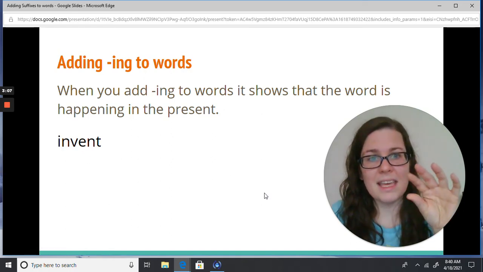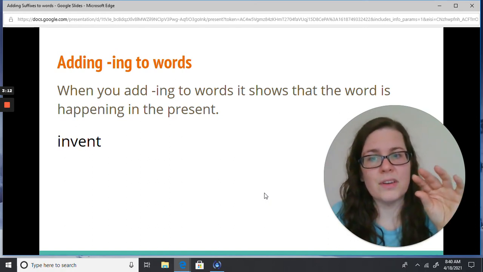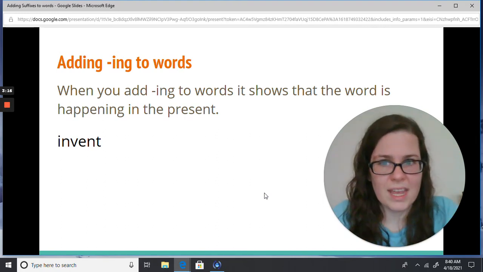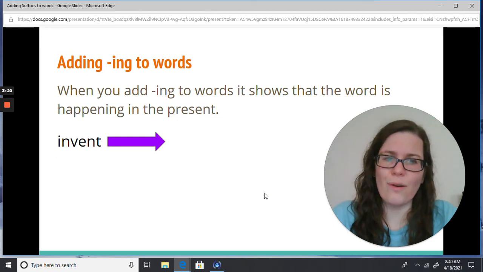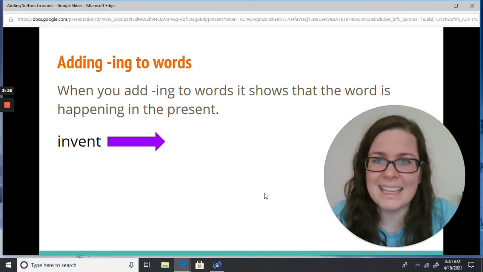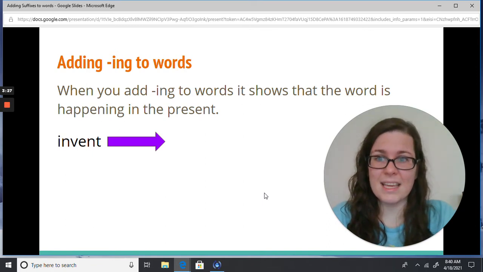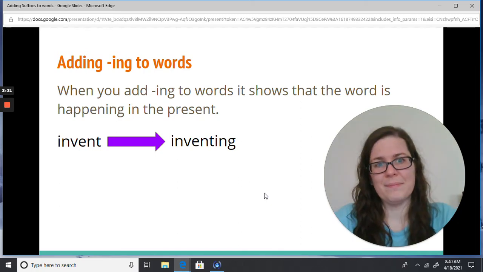So we have in, and then we have vent, invent. When we add ing, and remember, we've already talked about ing as a glued sound. What sound does it make? It makes ing. So when we add ing to invent, we have inventing.